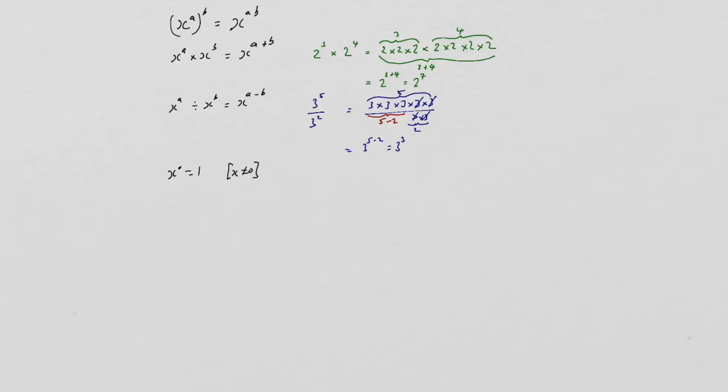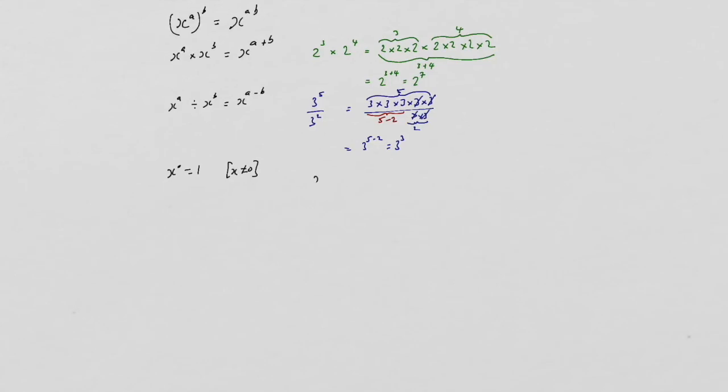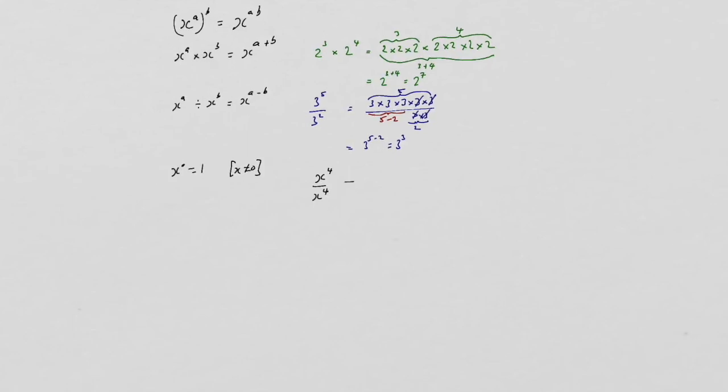Anyway, we're not too worried about the x equals 0 case, we're just thinking of any other number to the power of 0 being 1. And why should we accept that? Well, one way of doing it is to use what we already do accept. So if we say x to the power of 4 divided by x to the power of 4, well, on the one hand, we would say that's 1, because it's a number divided by itself.